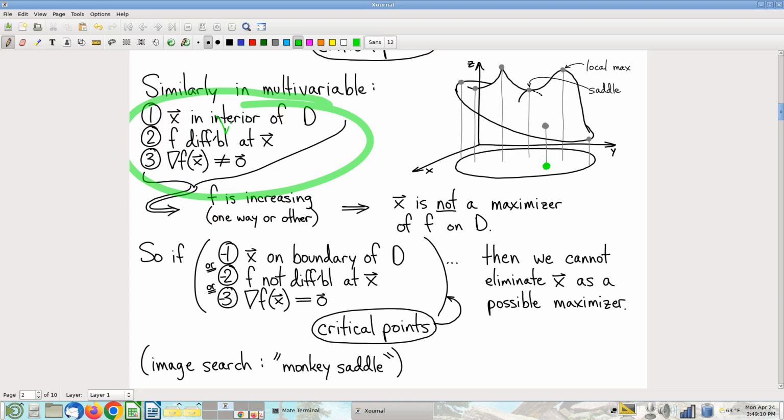That point, it's in the interior, meaning that from that point, I'm free to move whatever direction I might want to for whatever reason. The function is differentiable at that point. Okay, now again, you can't really tell from the picture, but I'm going to presume differentiability as vaguely implied by the picture, but assuming that it's differentiable.